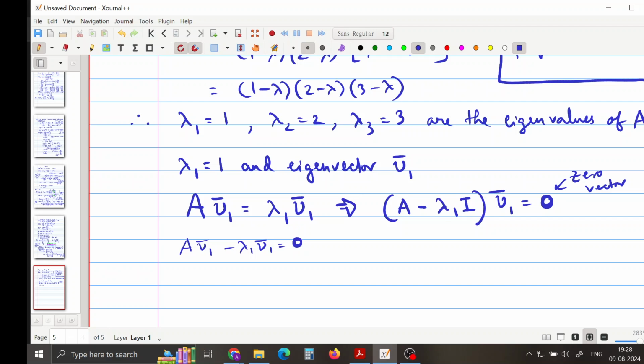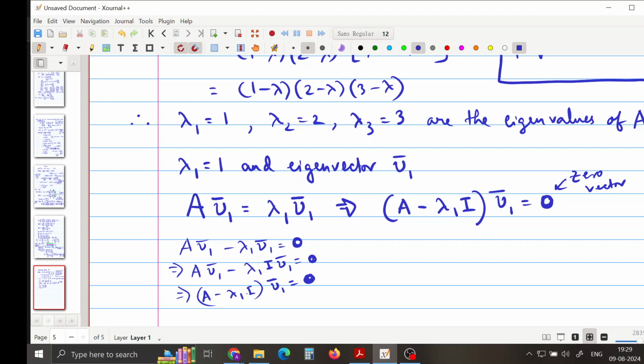This will be a zero vector because I'm subtracting two vectors. A matrix acting on a vector gives me a vector on the LHS, and some constant times a vector is a vector, so both LHS and RHS are vectors. If I subtract them, I get a zero vector, which is this bold zero. Identity acting on v1 is the same as v1 itself. Now I can take common, and it is the zero vector.